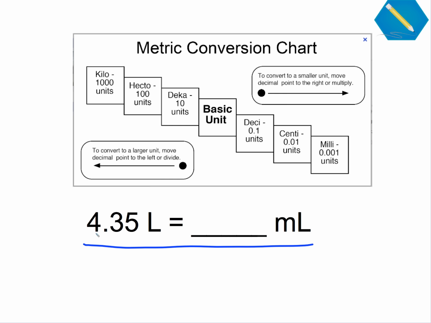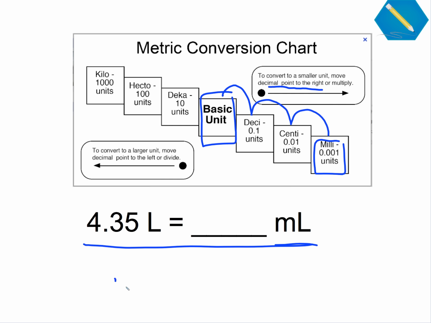So they want us to convert 4 35/100ths of a liter to milliliters. So we're starting here at our basic unit and we're converting it to milliliters, which is right here. So we need to move 1, 2, 3 spaces, and like it says, if you're moving to the right, you're going to move the decimal point to the right 3 spaces.